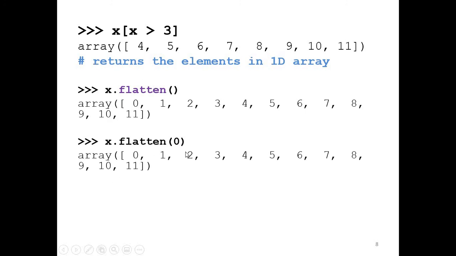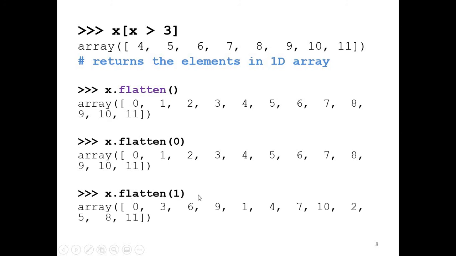So it will go 0, 1, 2, 3, then the next row 4, 5, 6, 7, and the next row 8, 9, 10, 11. If you write x dot flatten 1, this would give 0, 3, 6, 9. This is the first column. If you go and check with your array, and this is 1, 4, 7, 10. This is the next column, and then 2, 5, 8, 11, the next column.